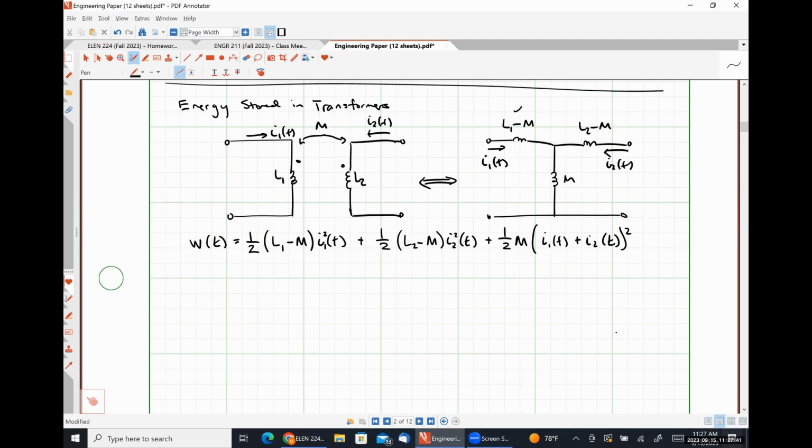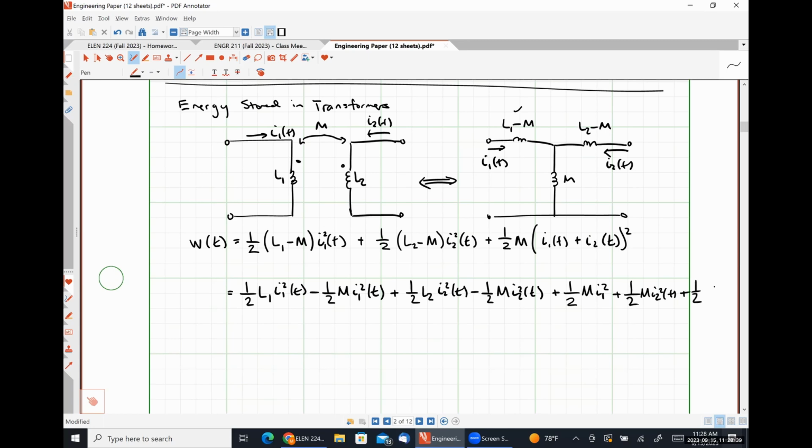We can split some things up here, right? 1/2 L1 I1 squared plus 1/2 L2 I2 squared minus 1/2 M I1 squared, plus 1/2 M I1 of t. Sorry, I forgot the function of time thing there.